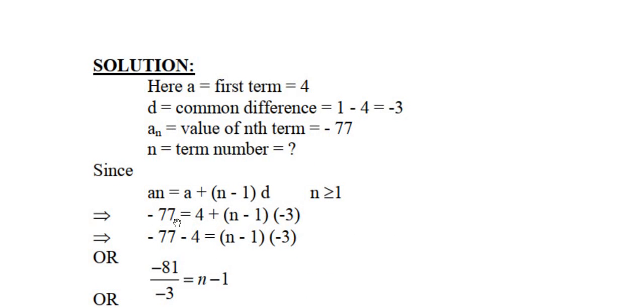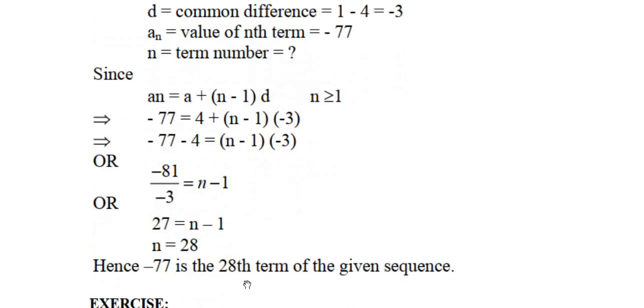An is equal to minus 77, and a1 is equal to 4. We want the n number, which shows the number of terms, and we want to find n minus 1 into the common difference, which is minus 3, and when we solve, the value of n is 28. It means the 28th term of the given sequence is minus 77.